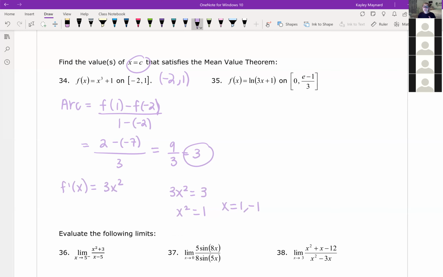So not only does it need to be in the interval, but it can't be an endpoint. So that's why you get rid of 1. I was really lost for a second on why you took out 1. But yeah, so the x value that makes this true is x equals -1. Totally forgot that it can't be an endpoint. Good catch. Okay, any questions on this?